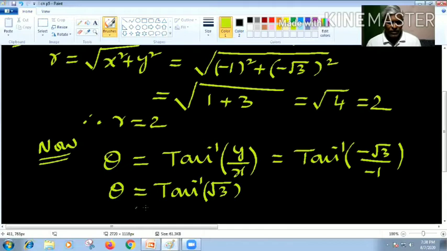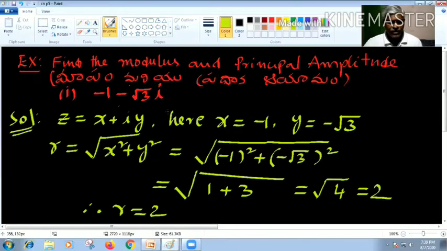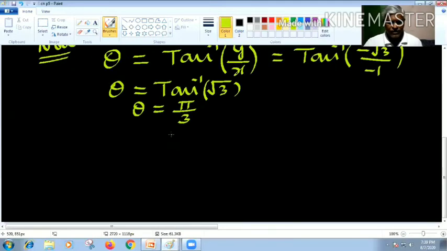So theta will be, here in general, tan theta is equal to root 3. In that way the angle will be tan 60 degrees, pi by 3. But let us consider the point here (-1, -root 3).